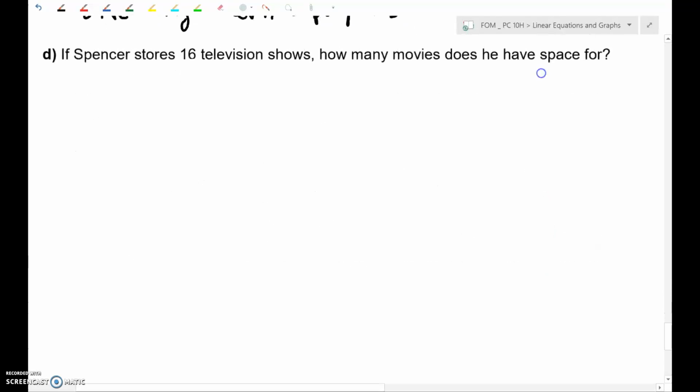Okay, so the last question then, if Spencer stores 16 television shows, how many movies does he have space for? Well, what you can do then is start with your equation again. If he stores 16 television shows, that means that t is equal to 16. So in place of t, we're going to put 16.